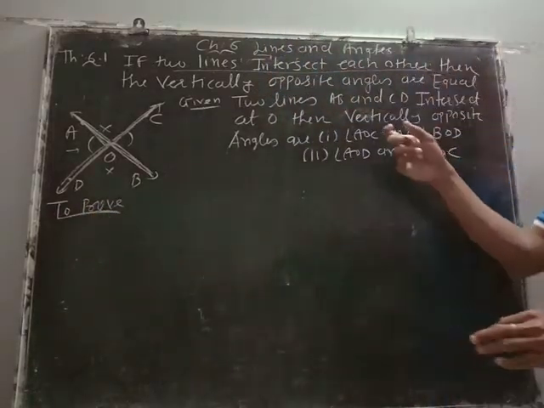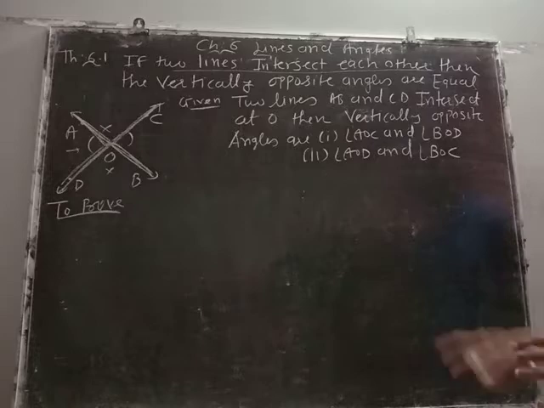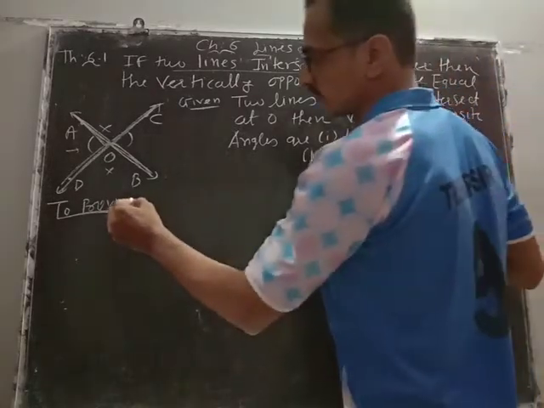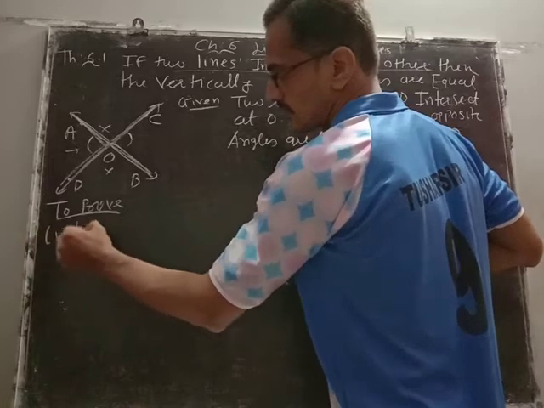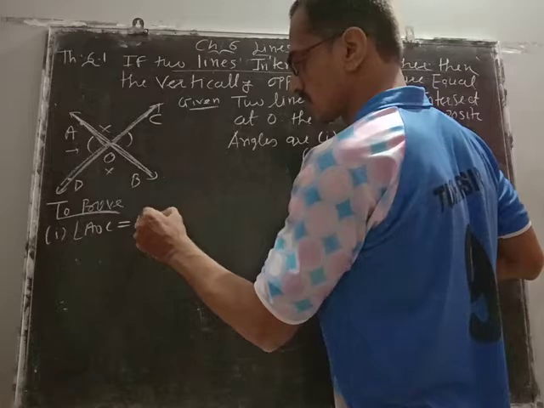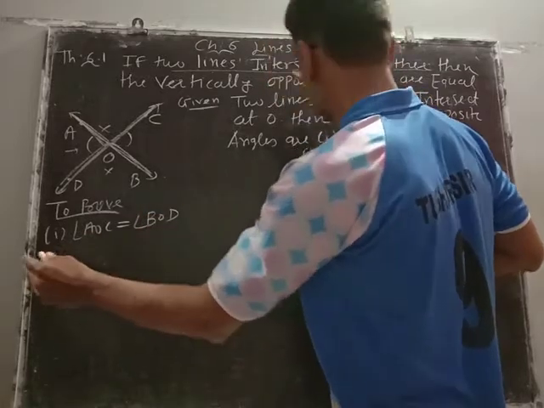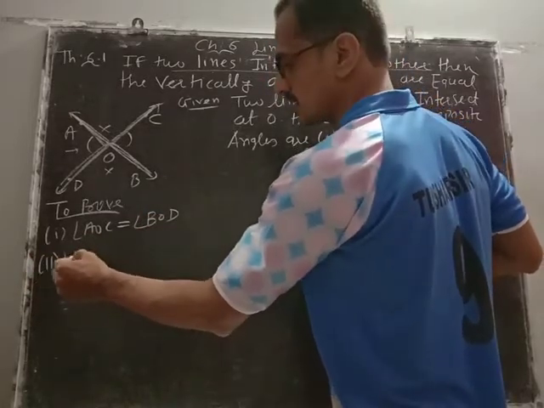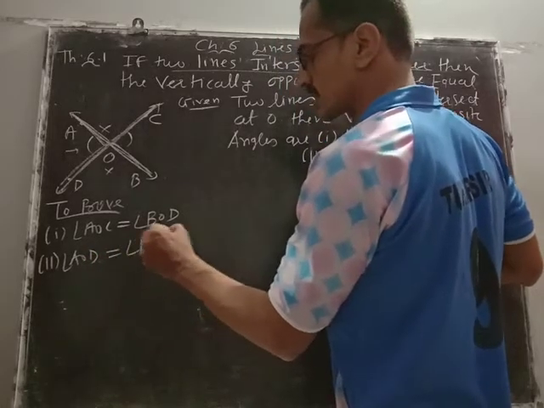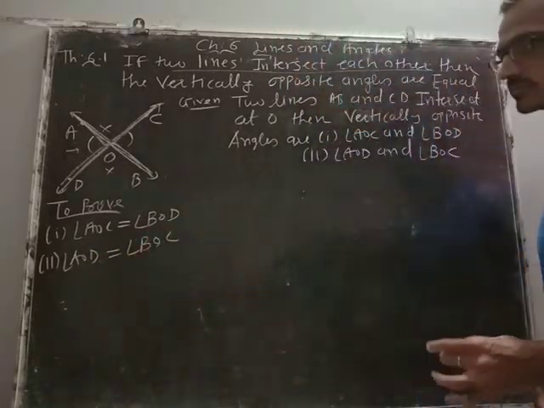We want to prove that these vertically opposite angles are equal. That means now here instead of 'and' we'll write equals to. AOC equals BOD and AOD equals BOC. This thing we want to prove.